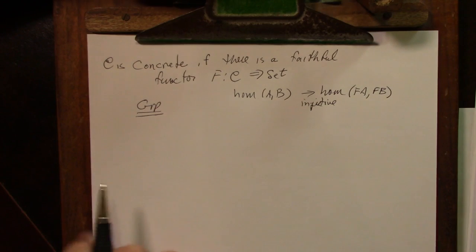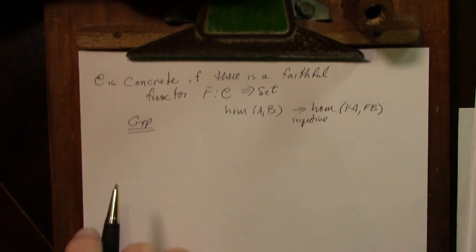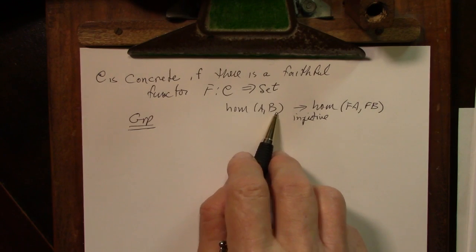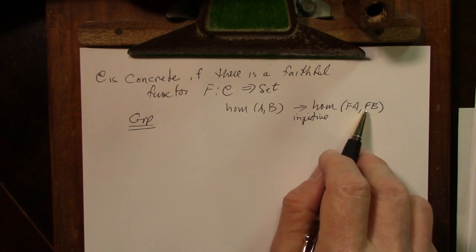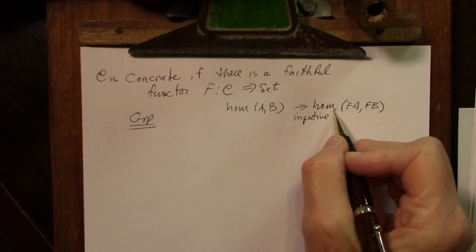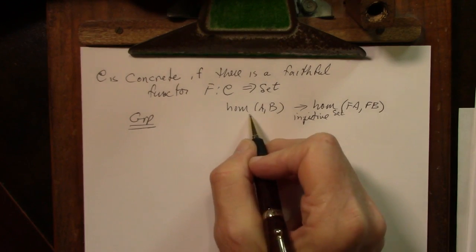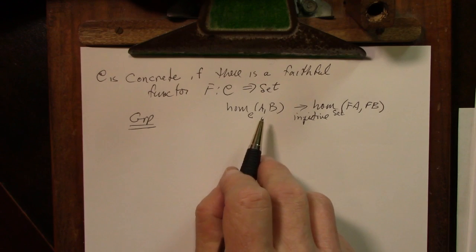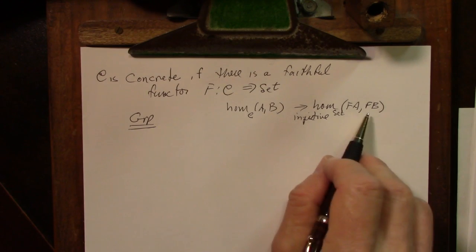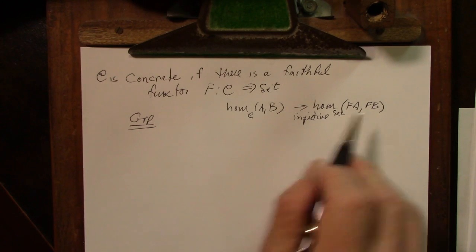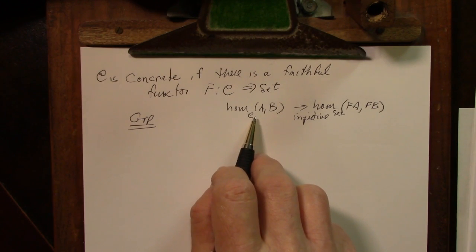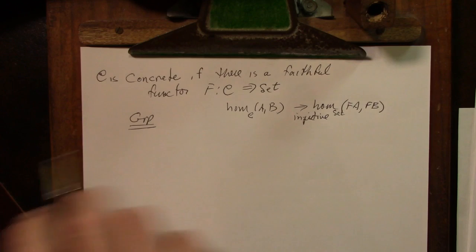It doesn't have to be bijective, because we're only interested here in thinking of morphisms in the category as being, now this one over here is in the category Set, this is C. So we're talking here about set functions. So we're only interested in thinking of morphisms as set functions, and different morphisms as being different set functions.